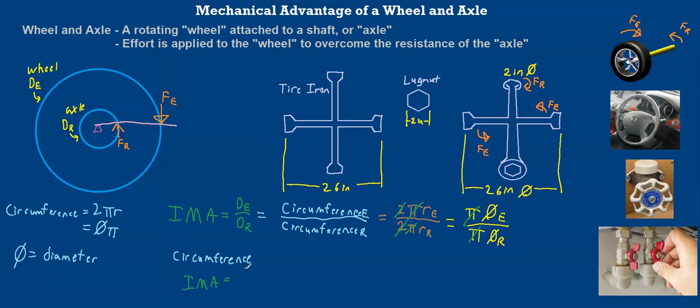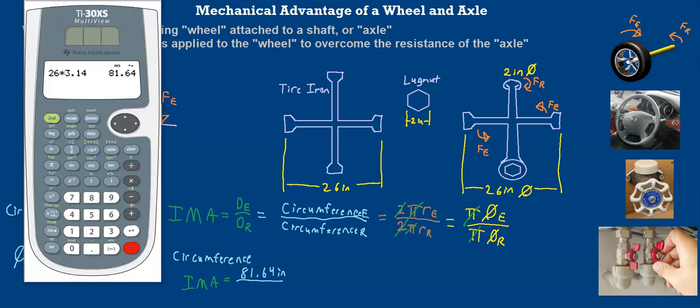And so on top, we would say 81.64 inches, and that would be the effort applied to our wheel, our outer effort. And we'll divide that by our distance resistance, which is this 2-inch lug nut that we're trying to turn. And so that's the diameter of the lug nut. So we'll say 2 times 3.14.